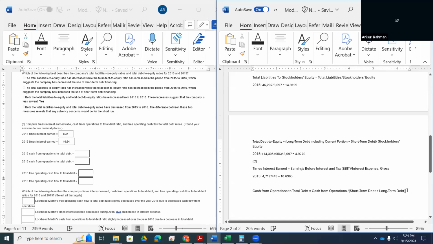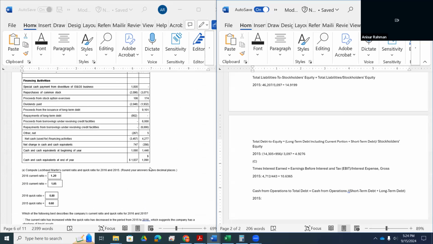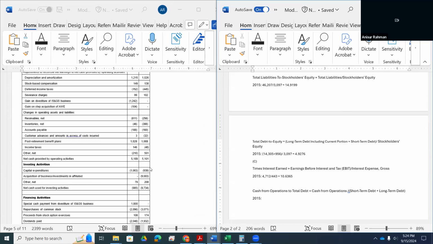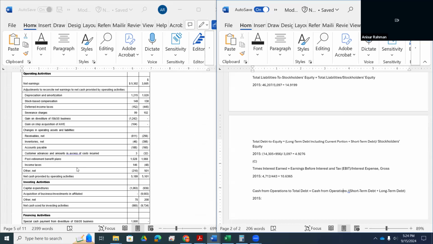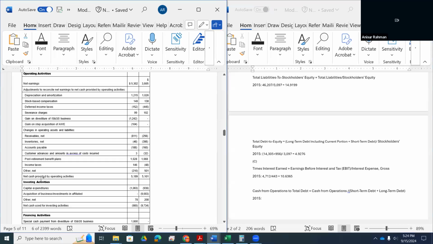So for 2015, cash from operations. So these are cash flow statement. We are talking about cash. Cash from operations is a cash flow statement item. So we have net cash provided by operating activities, 5,101.